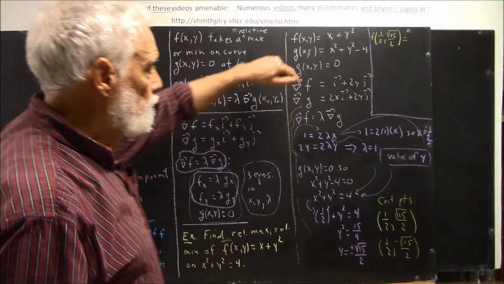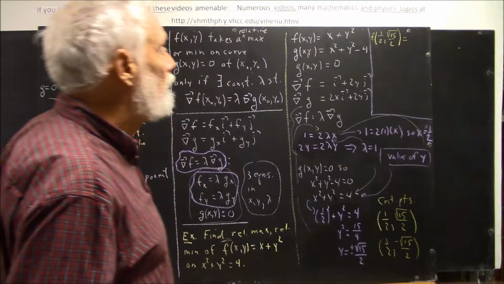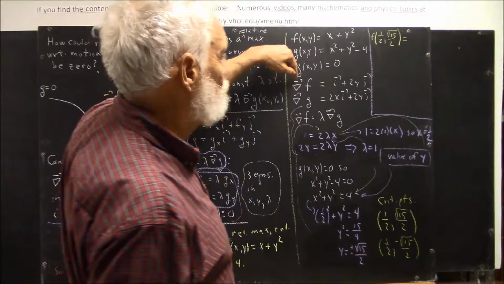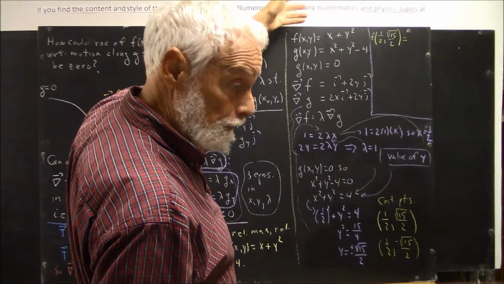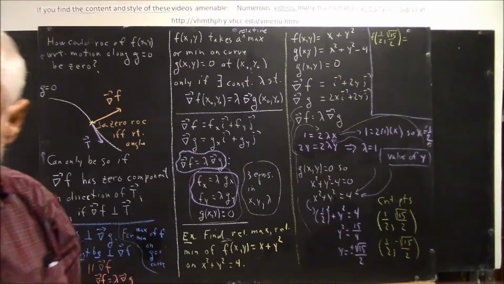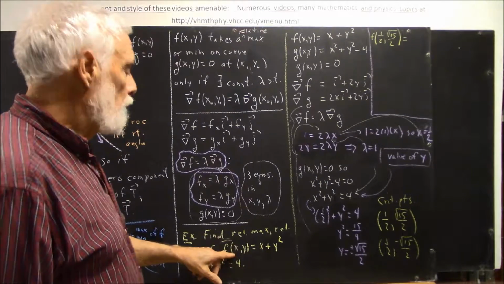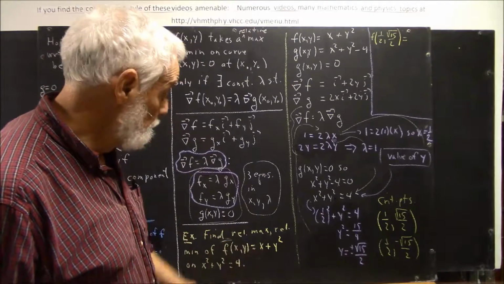When I took the gradient of f, it wouldn't be possible to take the gradient of a vector function. So if I'd have done this carefully, I would have realized right away that I was doing something impossible. In any case, okay. So really our f of x, y function should be x plus y squared.